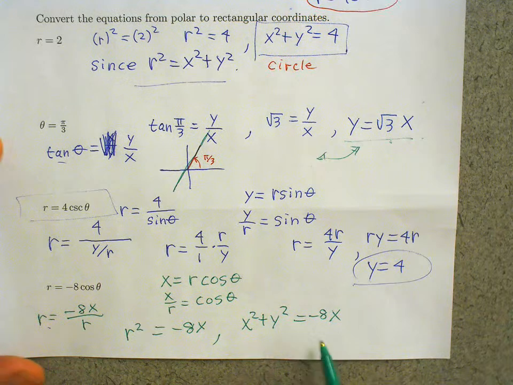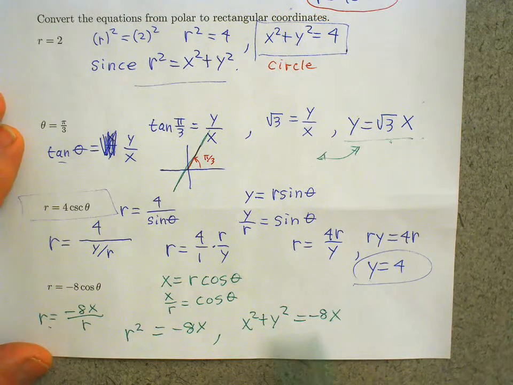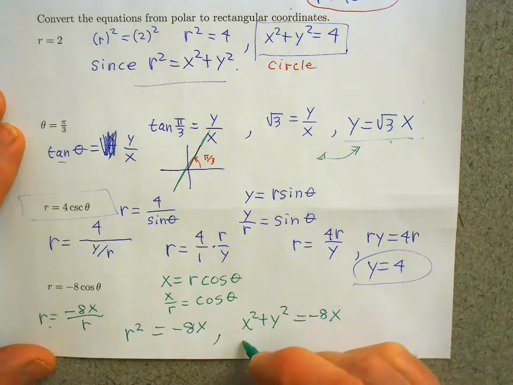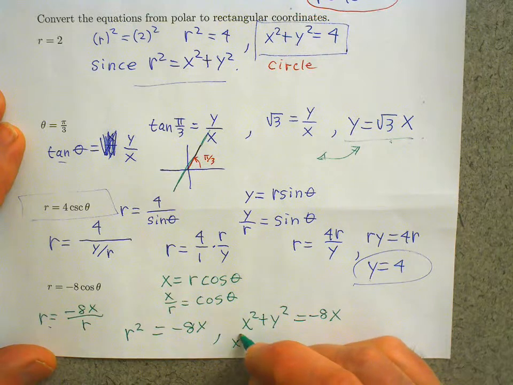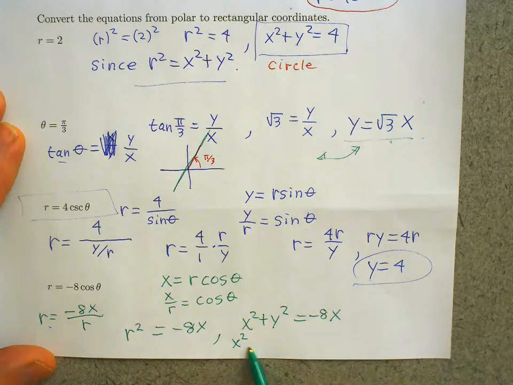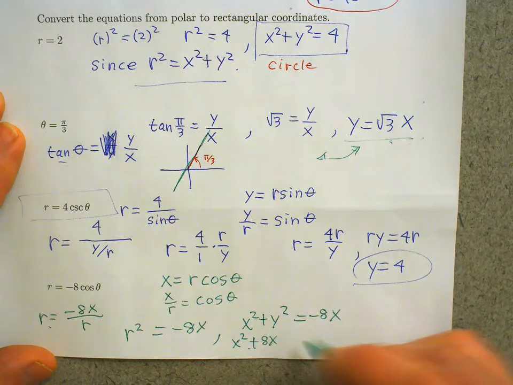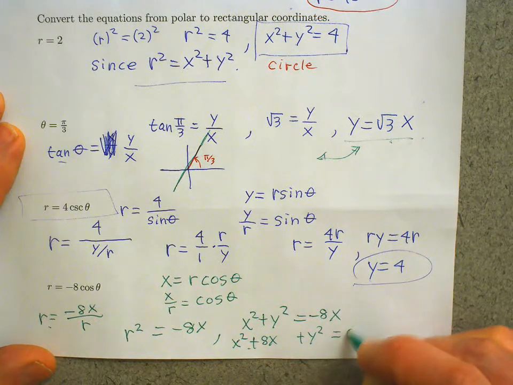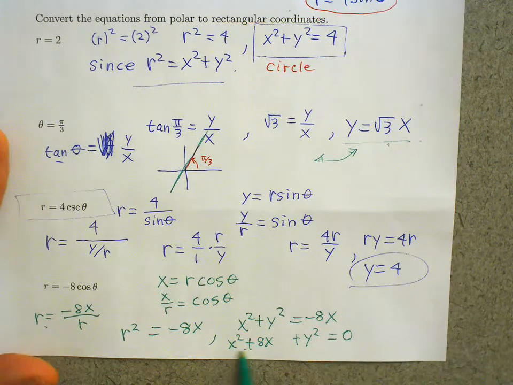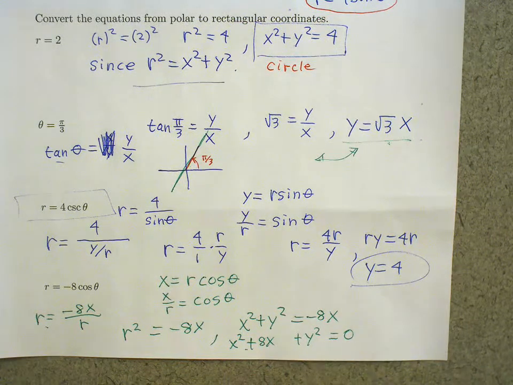What we have is an equation of a circle in rectangular coordinates. I'll just take this a step further. If we add 8x to both sides, we have x squared plus 8x plus y squared equals 0. This is an equation of a circle. It's not in standard form.